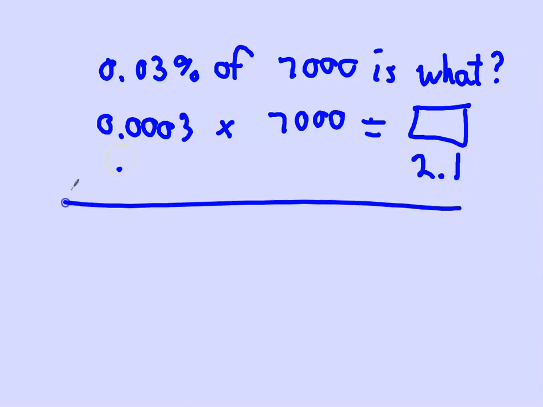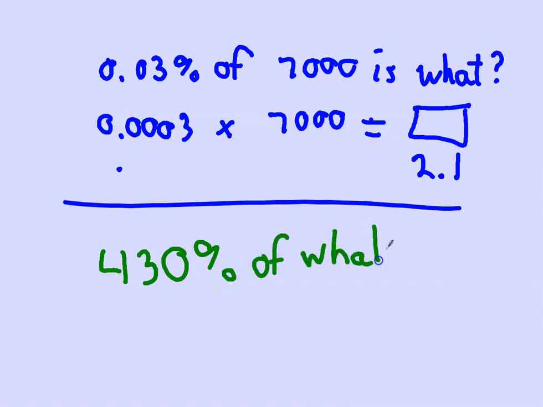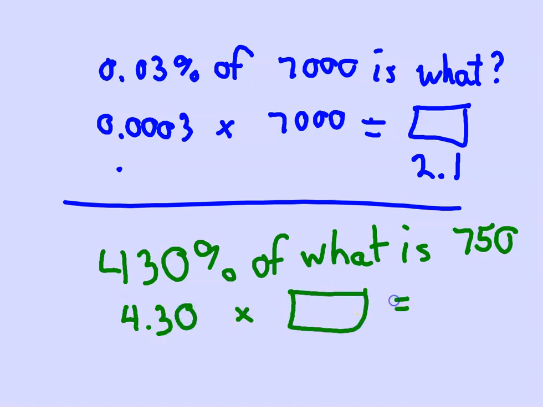Or if you're asked to do 430% of what is 750, okay, we'll say, look, take this percent, write it as a decimal, so divide by 100, that moves the decimal place 2 spaces. 4.3 times what is 750.